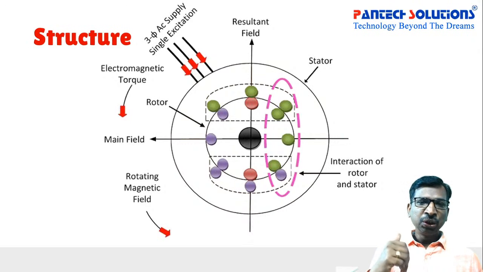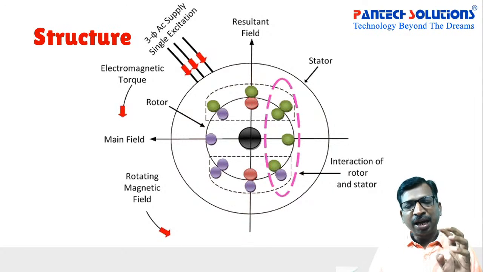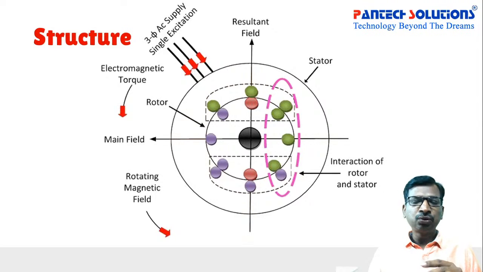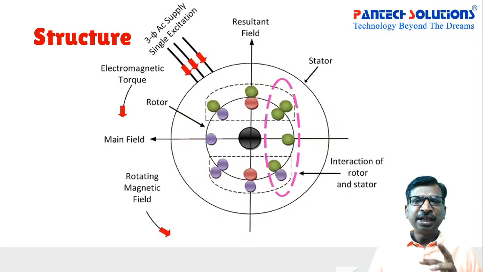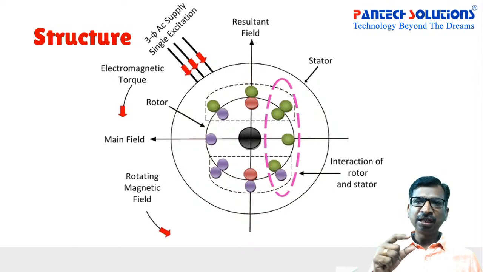Due to that action, the rotor has a resultant flux. Already, by applying the three different phases to the motor, the stator has a resultant flux, and similarly the rotor also has a resultant flux. The stator will rotate at the frequency 120f by p, that fundamental speed. The stator has its own reference speed.